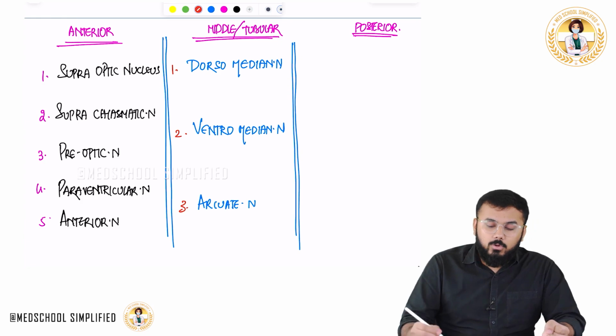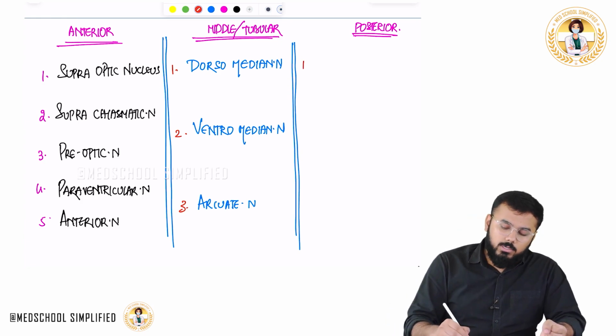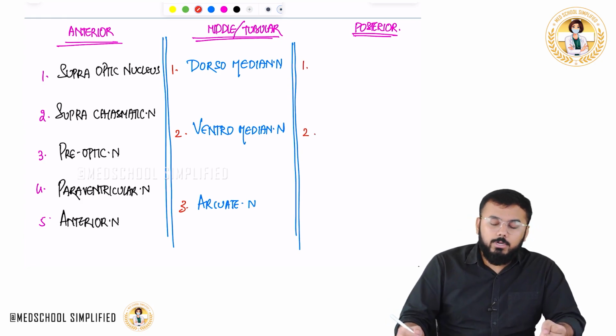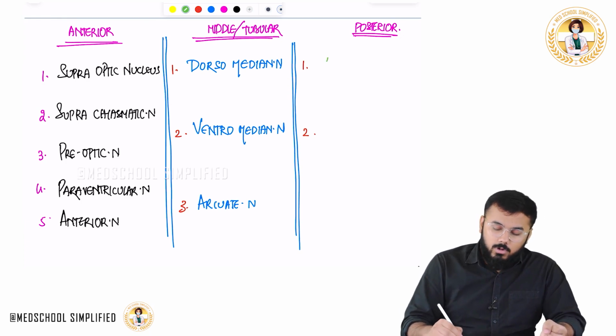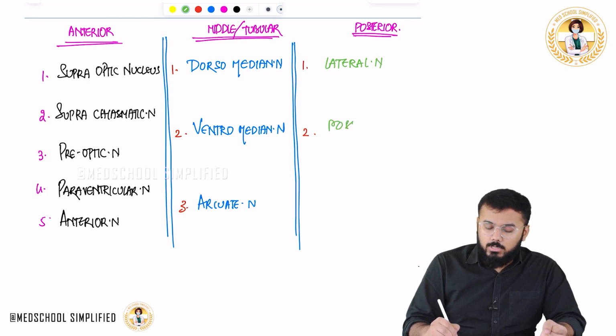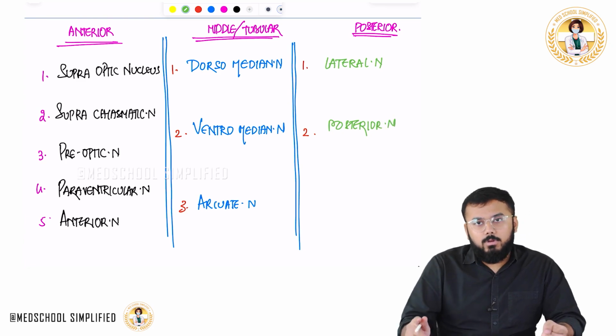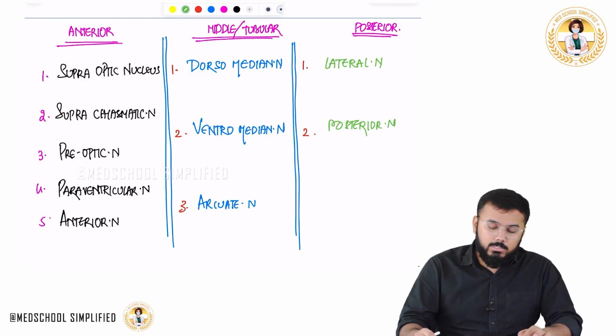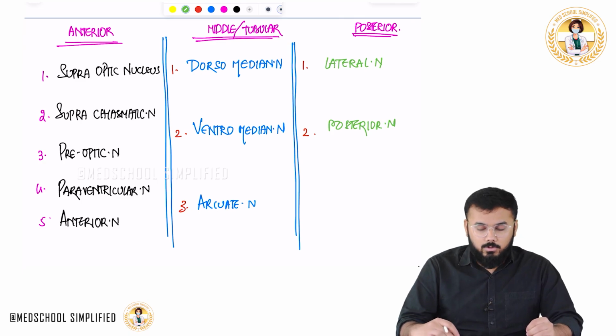And after that, the nuclei which are located in the posterior zone. What are the nuclei that are located in the posterior zone? Only 2 nuclei. One is called the lateral nucleus, another one is called the posterior nucleus. Lateral nucleus as well as the posterior nucleus. Okay, so these are the nuclei that are located in the posterior zone.